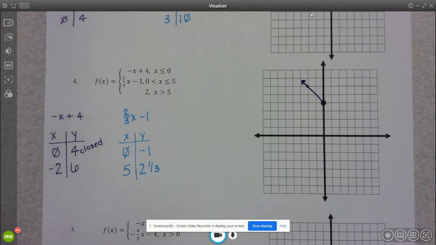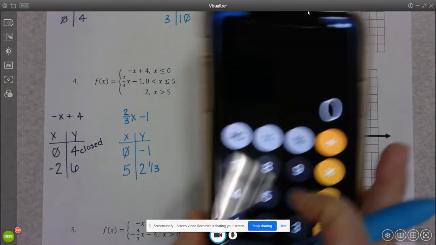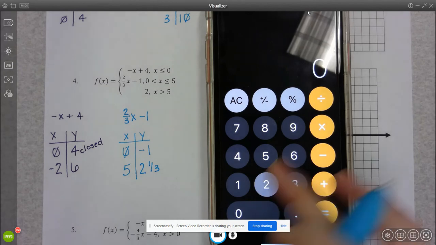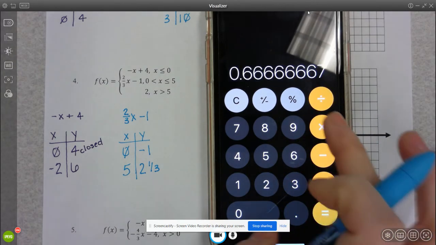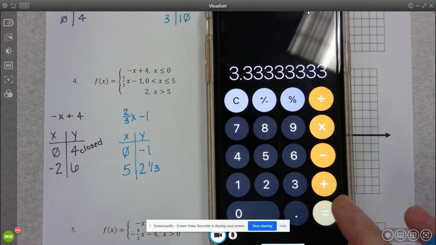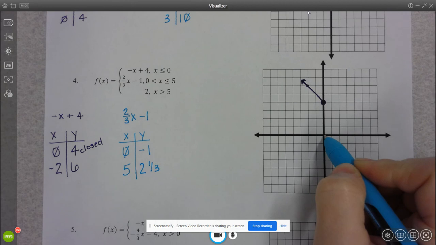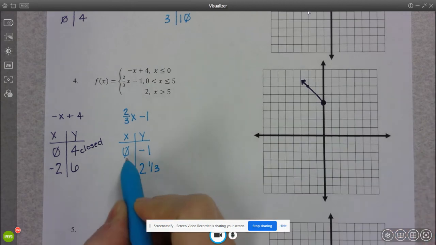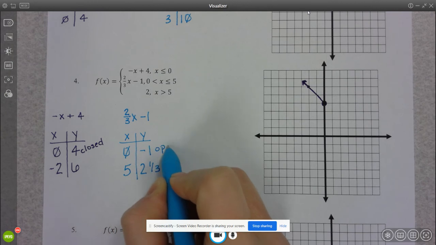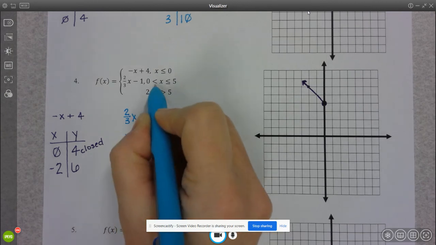And again, you could totally do it in your calculator if you wanted to. I would do 2/3 times 5 minus 1. Kaboom. So 0. Now this one, this is going to be an open circle because it's less than.